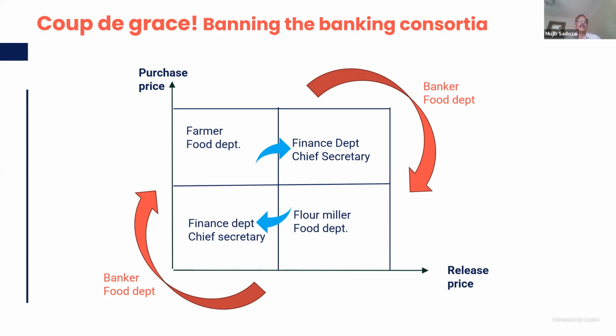That was a collusive situation going on, and the banks would make a joint bid and divide the pie between themselves. So on advice, the government banned the banking consortia, and that led to the collapse of the interest rates, which, as I said, came down from 300 basis points to 10 basis points above the Karachi interbank offer rate.